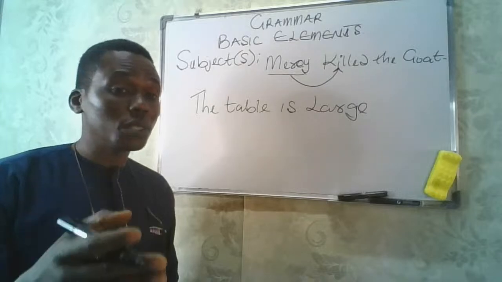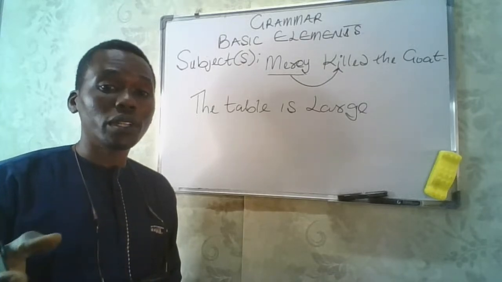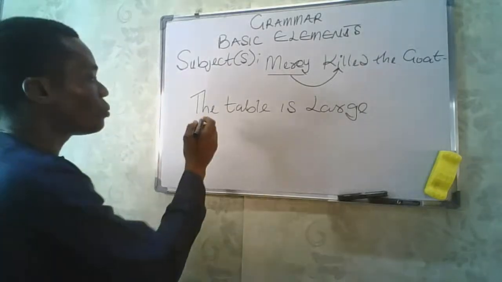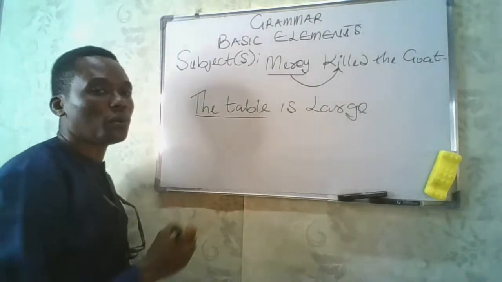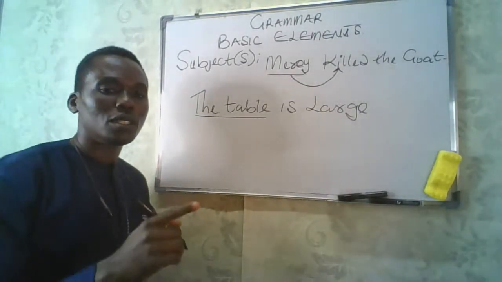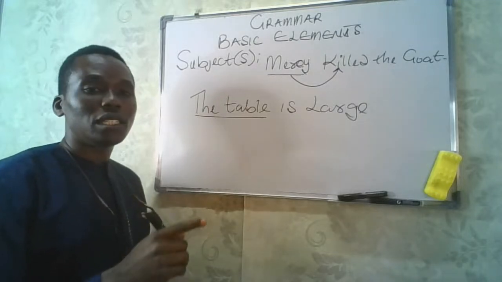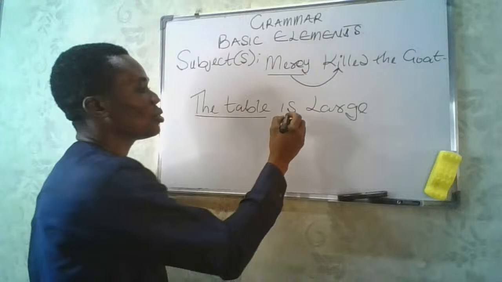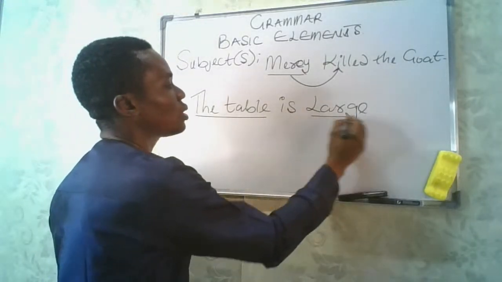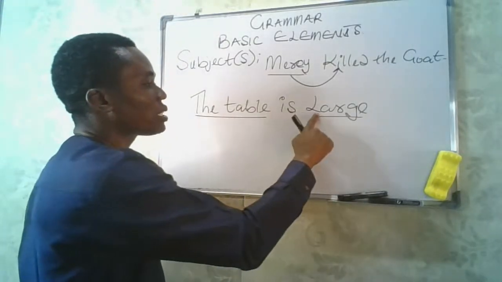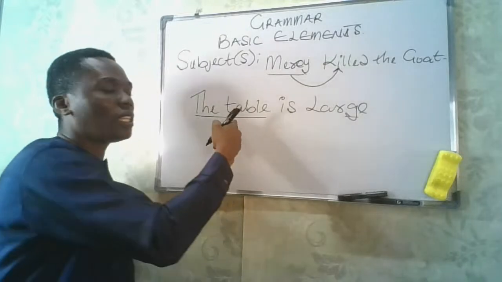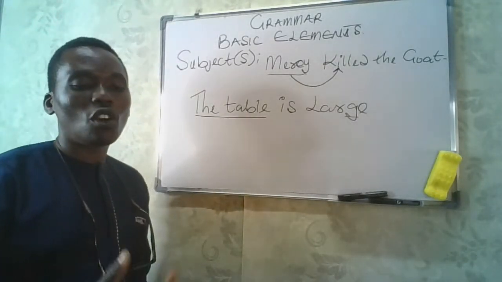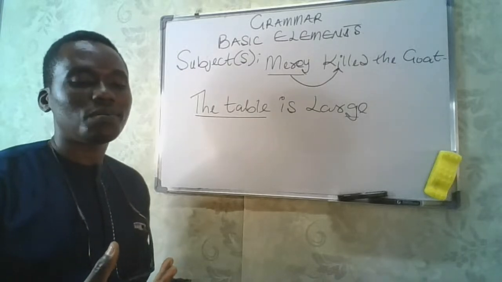So the subject this time is not a person, but a thing. What is the subject? The table. The table is the subject, and the action shows that the table is large. So the table is the subject of the sentence.